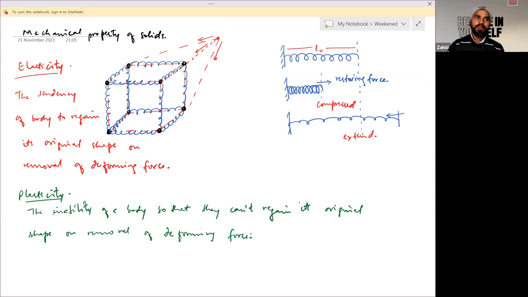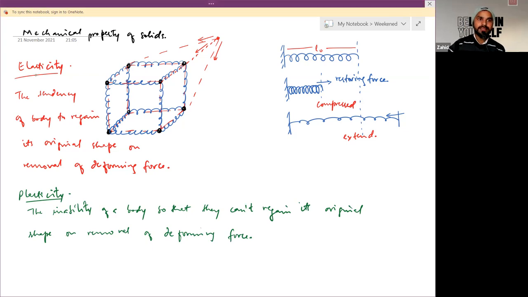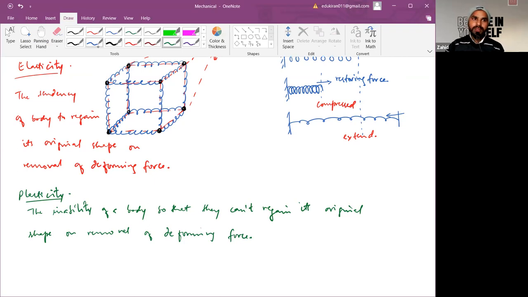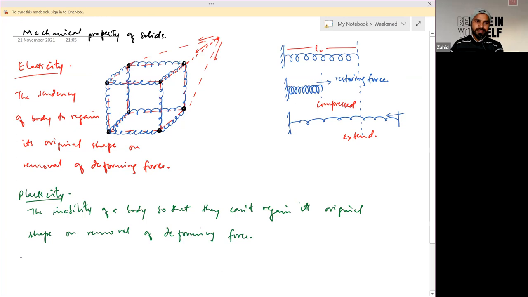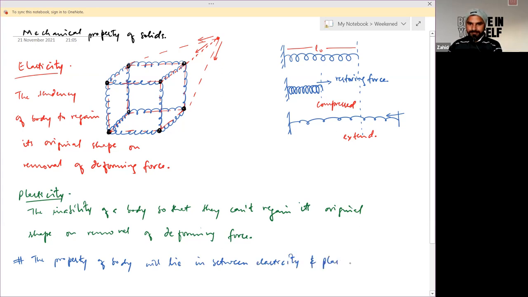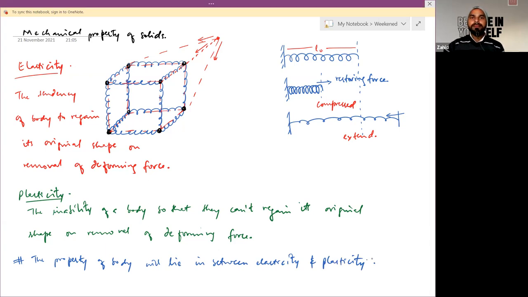There is no rigid body which is perfectly elastic, and none which is perfectly plastic. So the property of a body will lie in between elasticity and plasticity. Is it clear, Abdul Wahid?